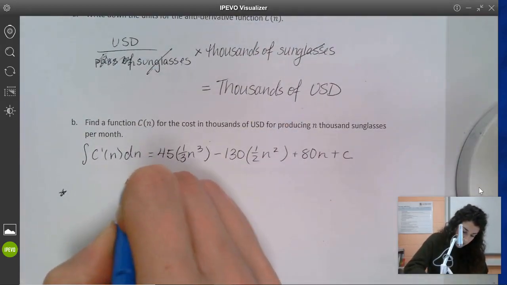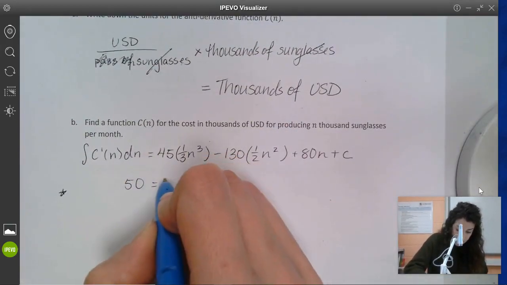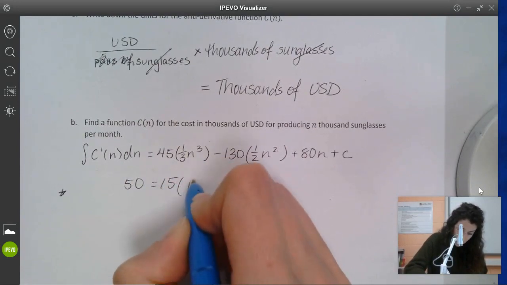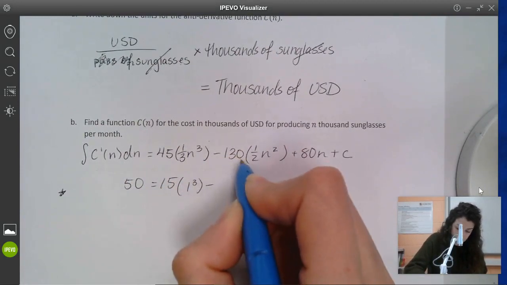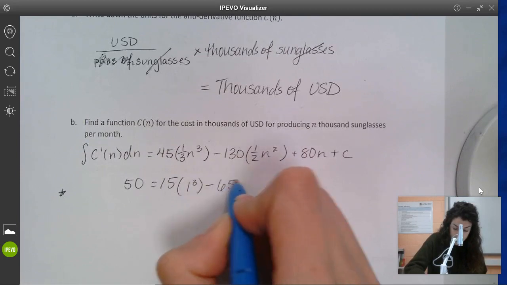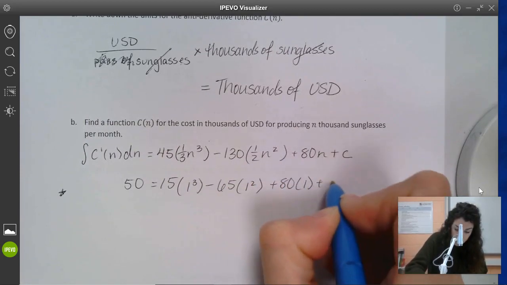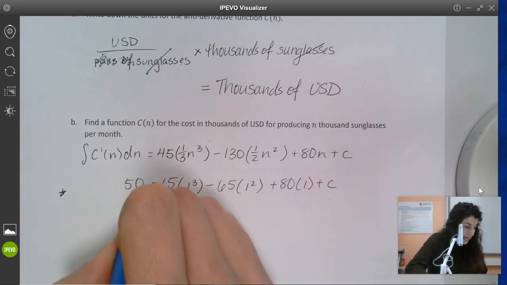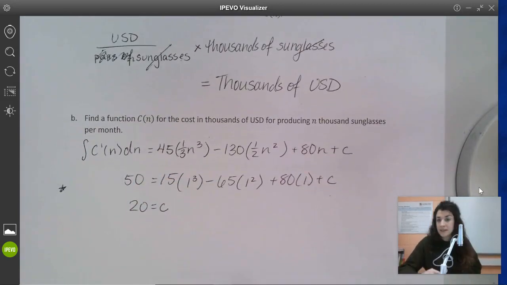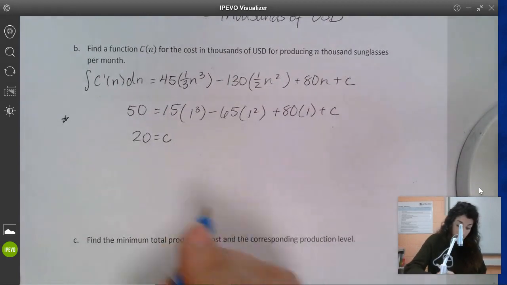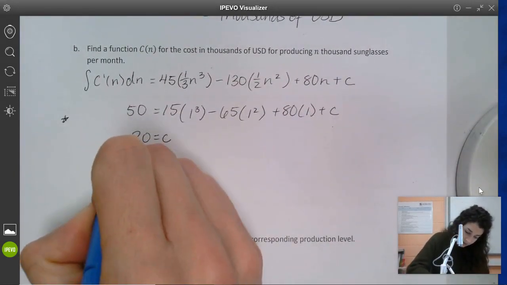Plugging in, 50 equals 45 divided by 3 is 15 times 1 cubed, minus 130 divided by 2 is 65 times 1 squared, plus 80 times 1, plus C. We end up getting that 20 is equal to C. We can put it all back together.